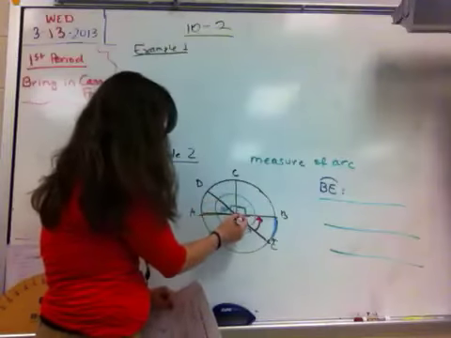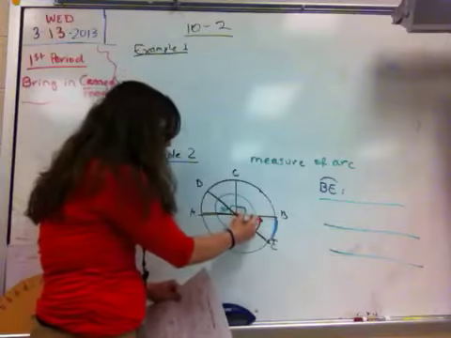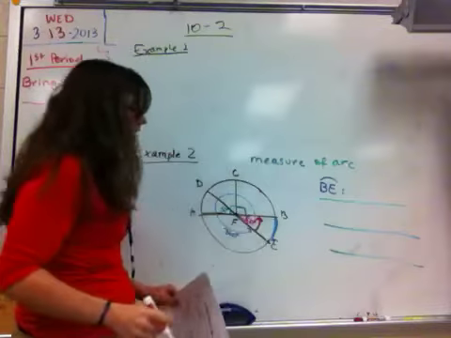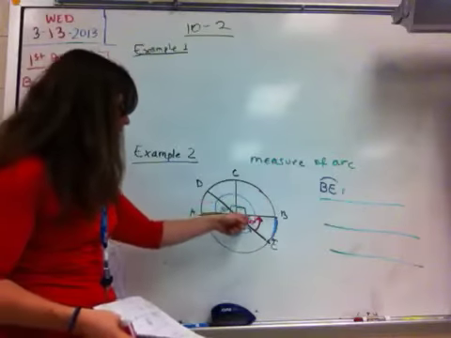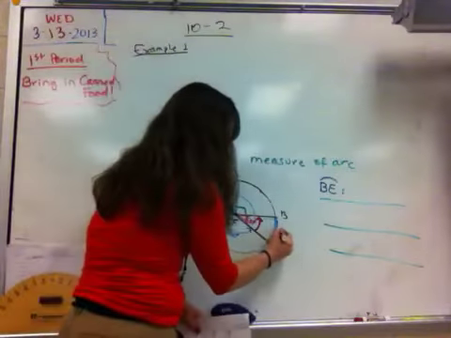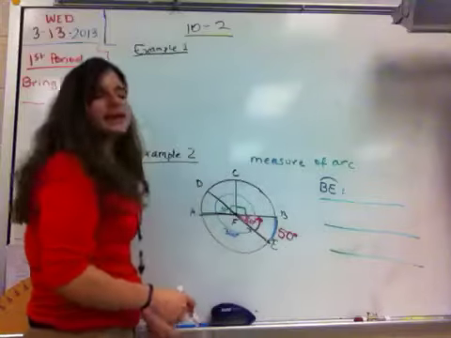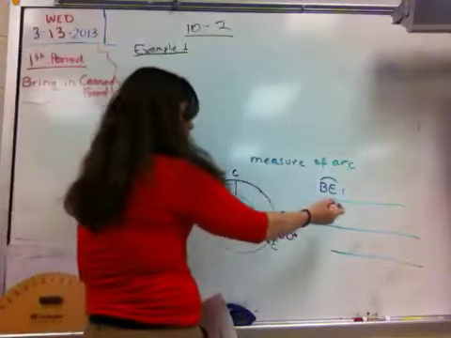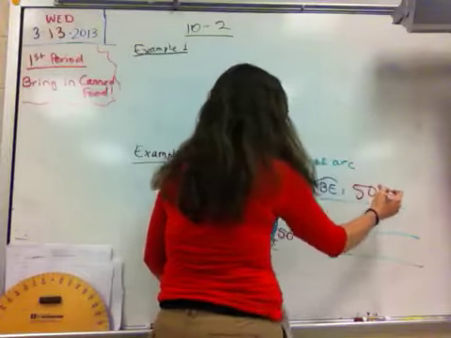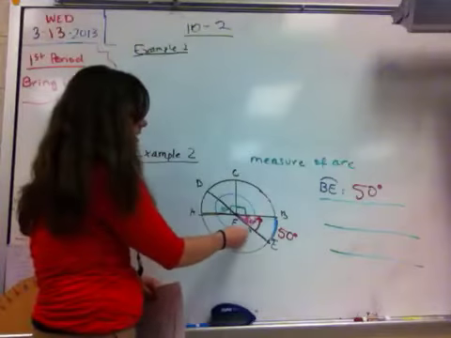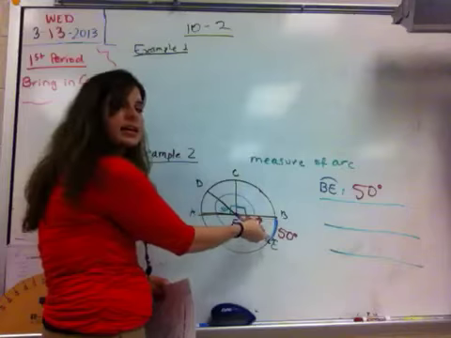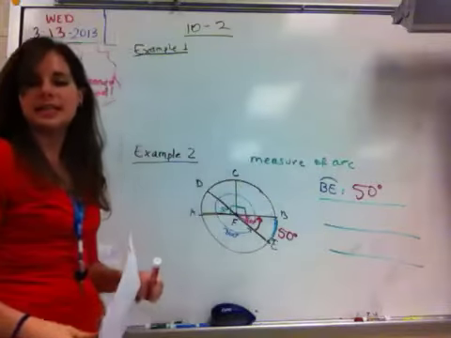If this one's 50 over here, do you see the vertical angles forming right here? That one right across from it is also going to be 50, vertical angles. So if this angle measure is 50, that is the same thing as saying the arc measure of BE is 50. Okay? So how much of the circle are we taking? We're taking 50 degrees of the whole 360.